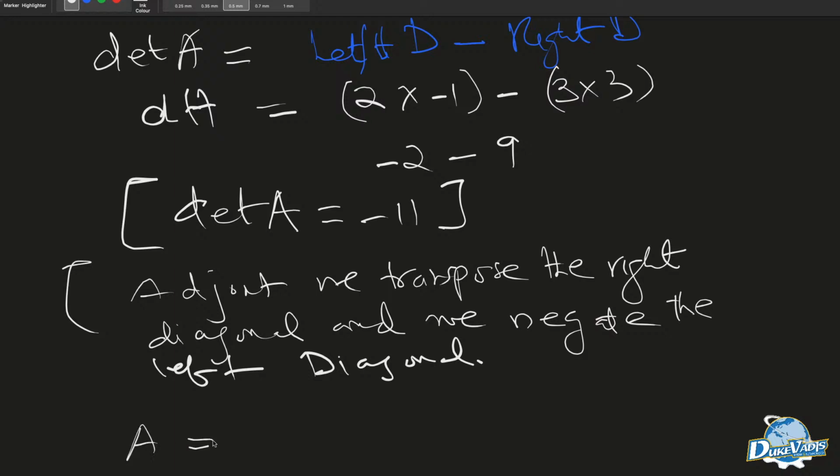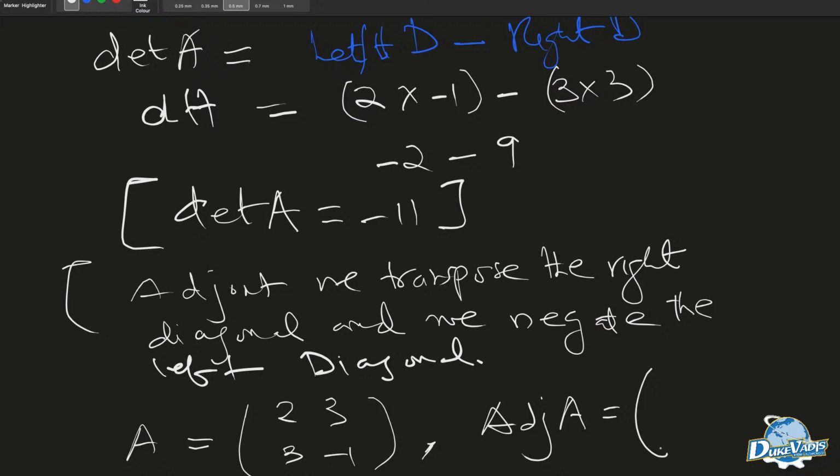Matrix A is given as 2, 3, 3, -1. So the adjoint of this matrix A will be, as I said, we transpose the right diagonal. So the -1 will come up and the 2 will go down.